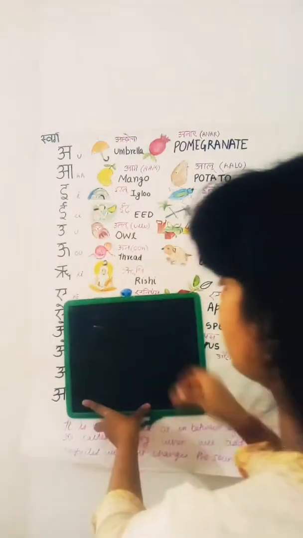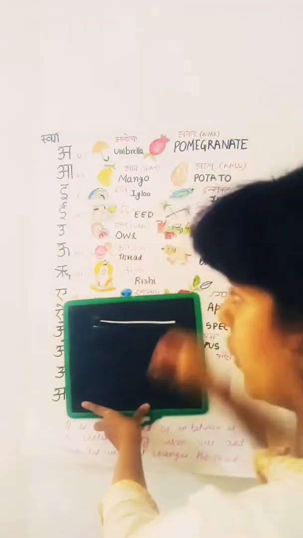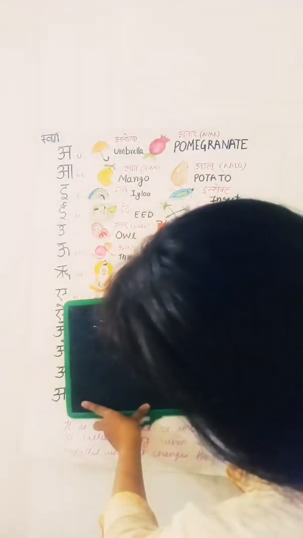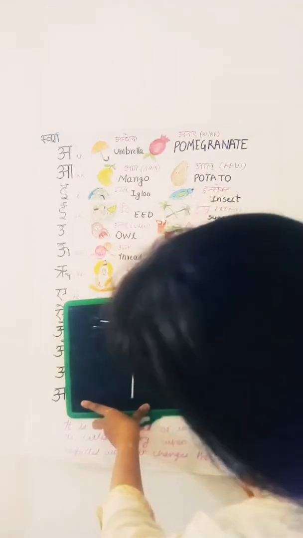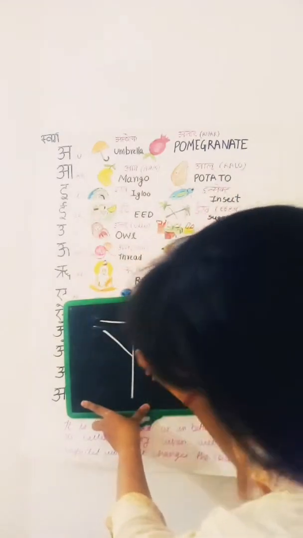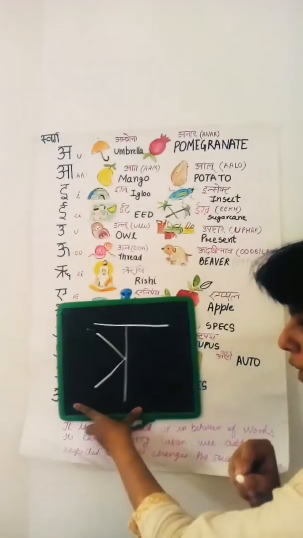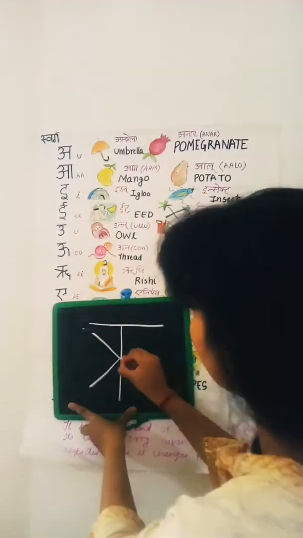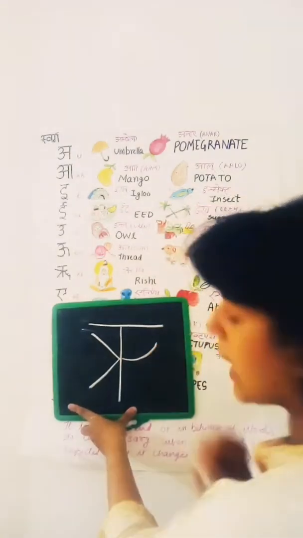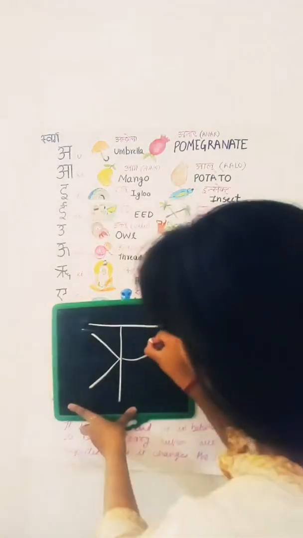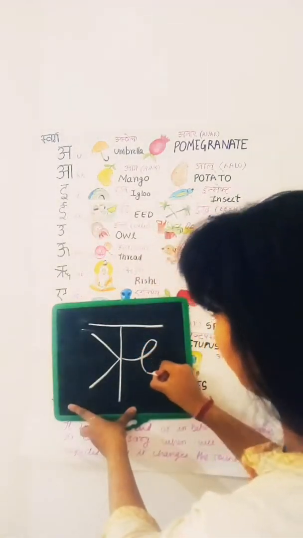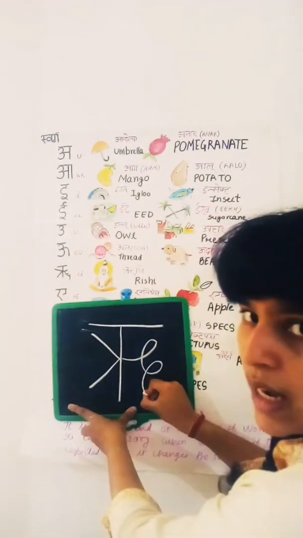So first we make a horizontal line and then we make a vertical line. We make a diagonal line like this and then we make a diagonal line in the opposite direction. Right? Can you see? And then we make an arc like this. Then we turn around this arc. Then we turn it around again.